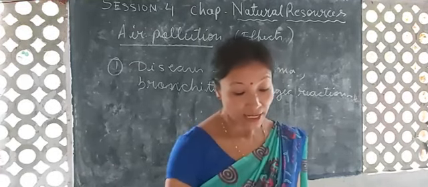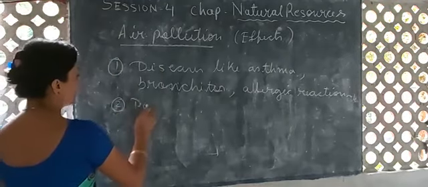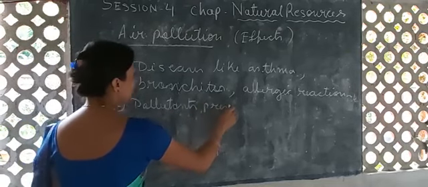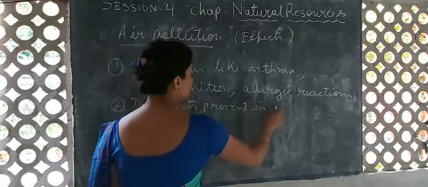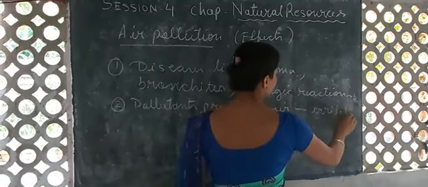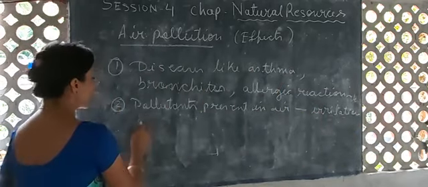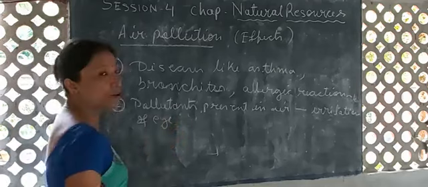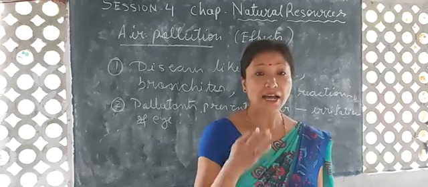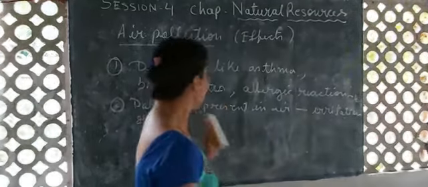Then also you will find that pollutants present in the air cause what? Causes irritation. Pollutants present in the air cause irritation of the eye. Eye related problems will arise, eye diseases, irritation of our eyes because of this pollutant.